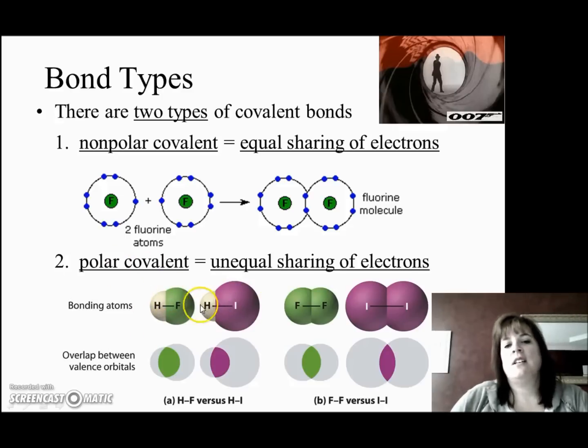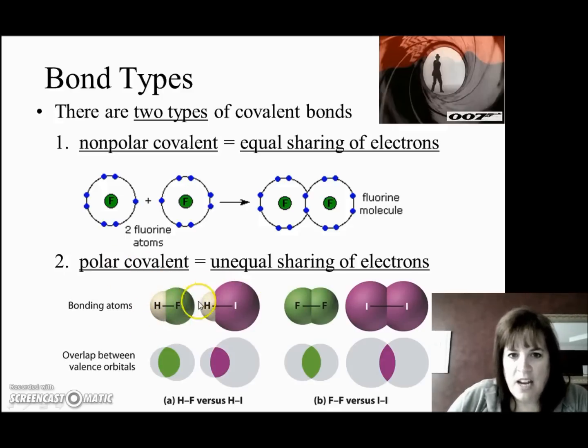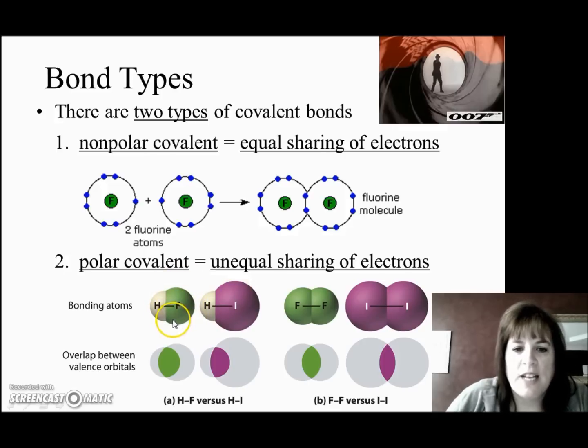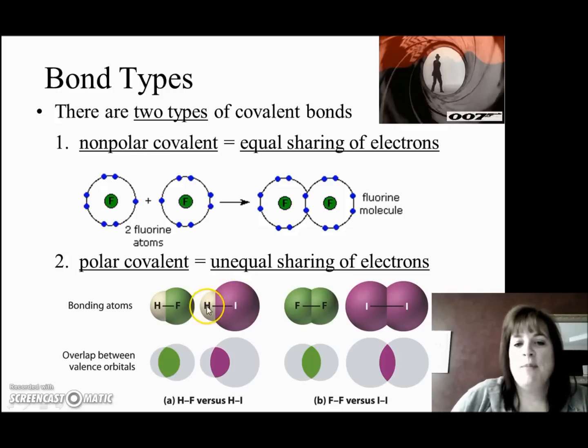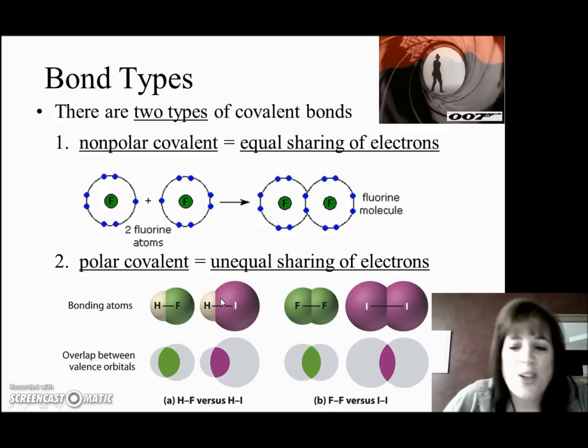So here's an example, and these are kind of like representations of electron clouds. We can see here the electron cloud around fluorine is much bigger than hydrogen. So if we look at the overlap between the orbitals, we can see that fluorine has more of the electron. Same here with hydrogen and iodine. Iodine is a bigger hog. It's not a good sharer.